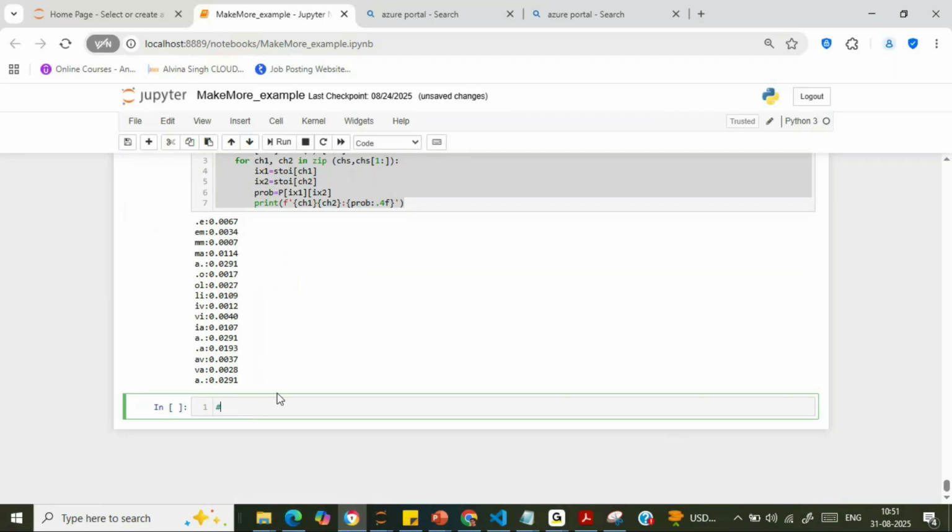Okay. So, how to summarize this probability or priority, you can take priority, in a single number that indicates the quality of this particular model.